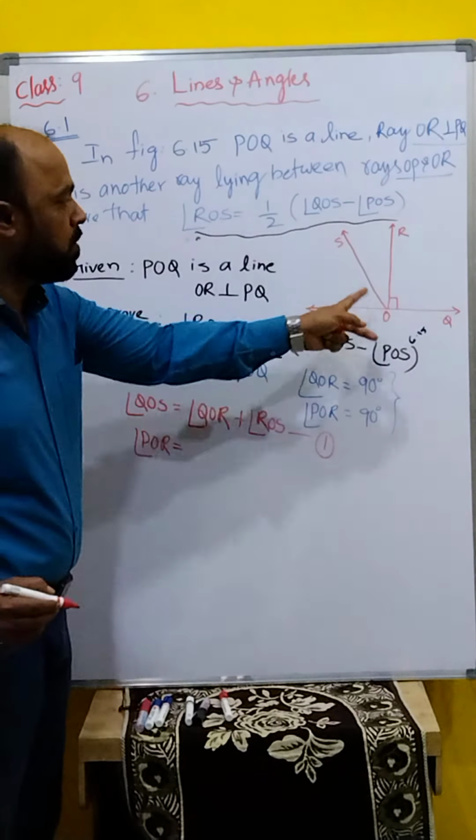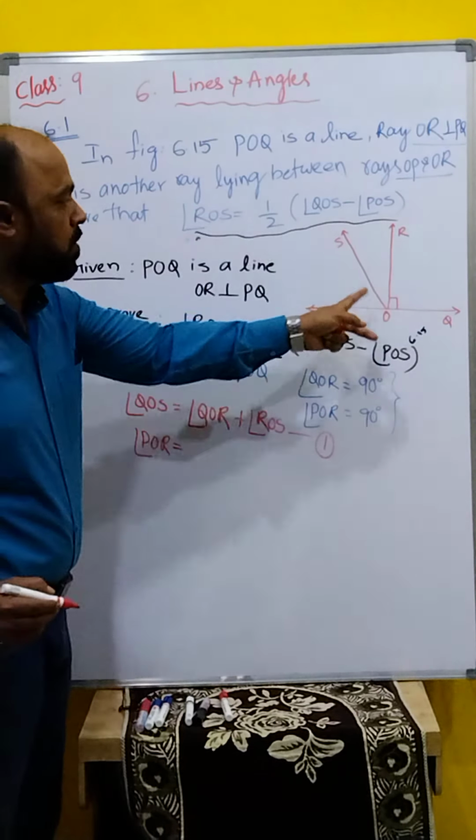Clear children? What do we have to find finally? Angle ROS. Separate that one. Sending one side, 2 into angle ROS is equal to angle QOS minus angle POS. Just sending this to one side, the plus becomes minus.